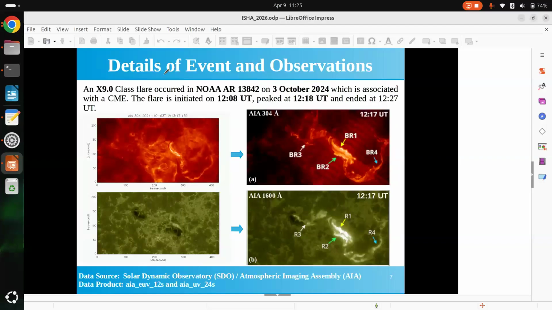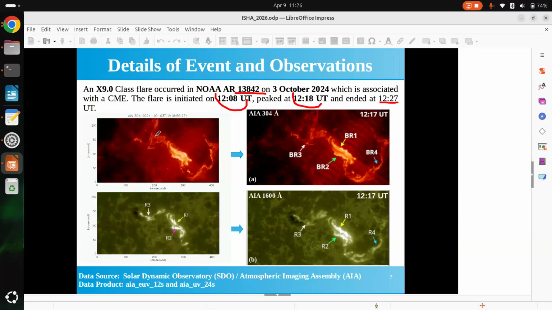Now I come to my work. We have analyzed a flare hosted by active region 13842 on 3rd October 2024. This flare initiated at 12:08, peaked at 12:18, and ended at 12:27.